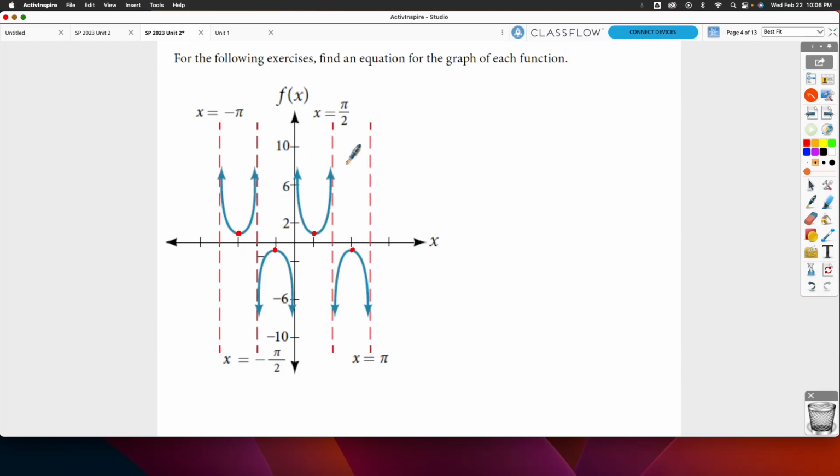In this particular case, our maximum is at 1 and our minimum is at negative 1.